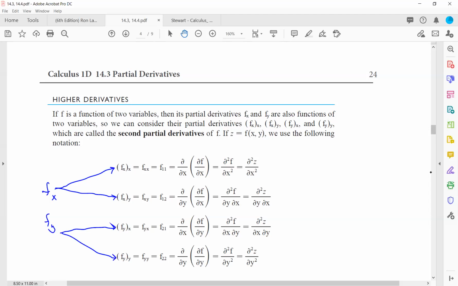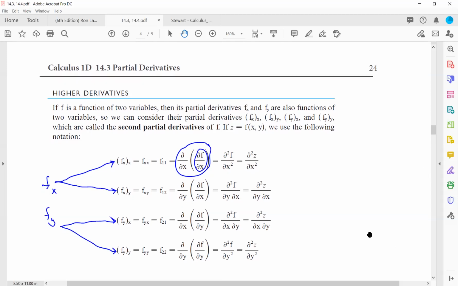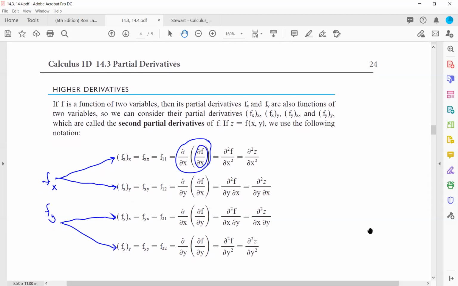First of all, you find the first derivative of the function with respect to x, then you take the derivative with respect to x. The notation that you can use is partial derivative squared divided by partial x squared. The same for the rest of them. First, we take the partial derivative of f with respect to x, then we take the partial derivative of f of x with respect to y.